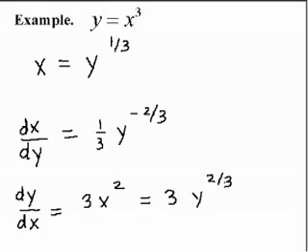So what you see once again is that dx dy and dy dx are reciprocals. You take the reciprocal of dy dx, you get dx dy, and so on. And if you multiply dx dy times dy dx, you get the identity. Everything will cancel out. You'll get 1. And that's a good way to test that you did it correctly.